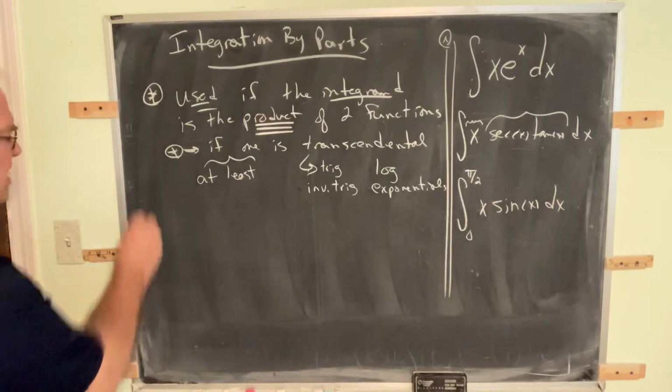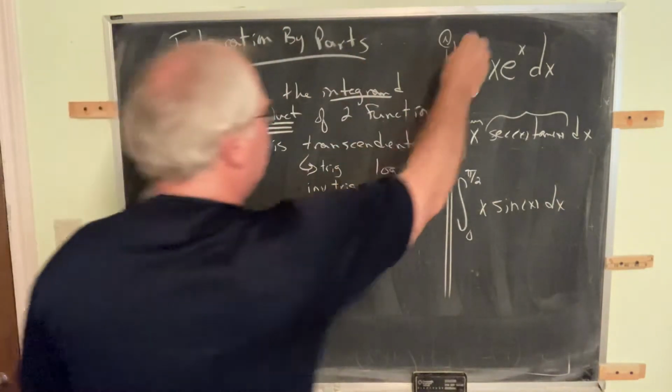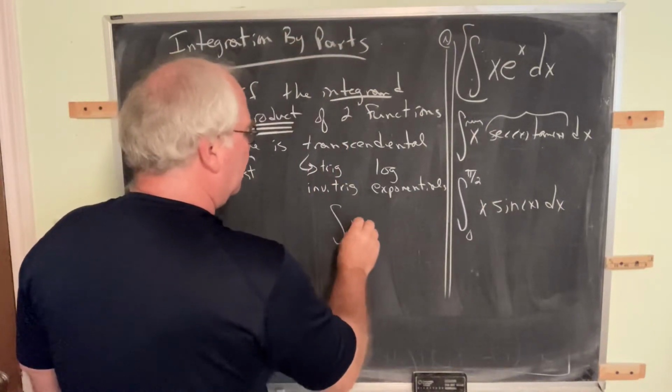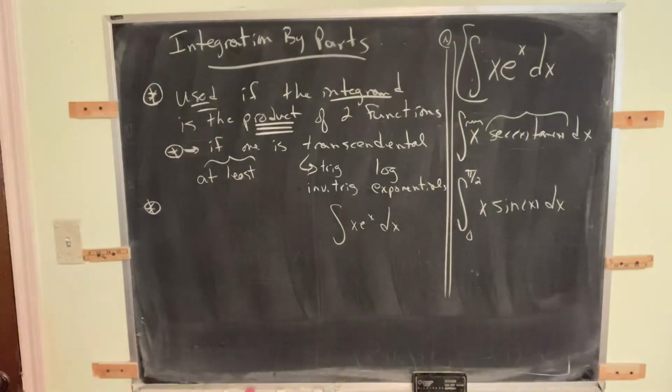All right, so the procedure is this. Let's take this one as the example here. We're going to break this down into a collection of parts. There are really two parts from which we're going to generate four pieces total.